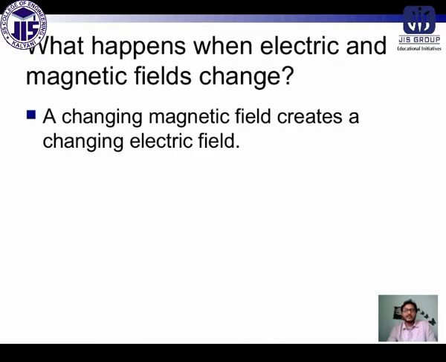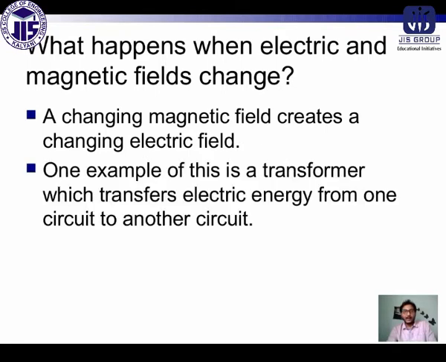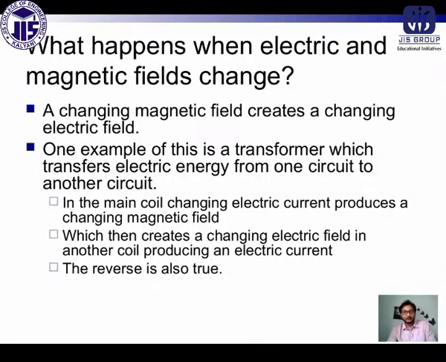And a changing magnetic field creates a changing electric field, that we know. If there is a rate of change of magnetic field, and obviously if there is a conductor, it will create a changing electric field. One example of this is a transformer, which transfers electrical energy from one circuit to another. In the main coil, the changing electric current produces a changing magnetic field.